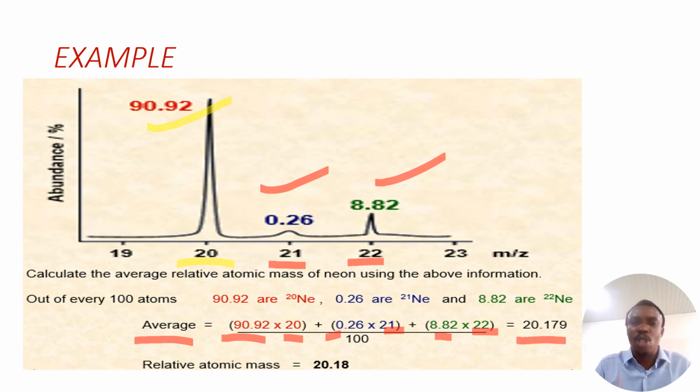So you get 20.179, which is approximately 20.18. This is the relative atomic mass. As you can see, it's as simple as ABC. All you need to do is interpret the graph very well, identify the isotopes, identify the relative abundances, and apply the formula.